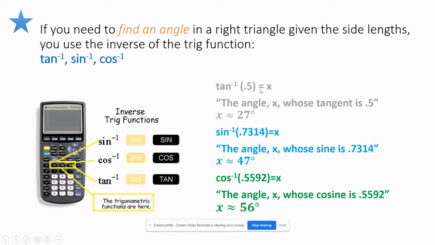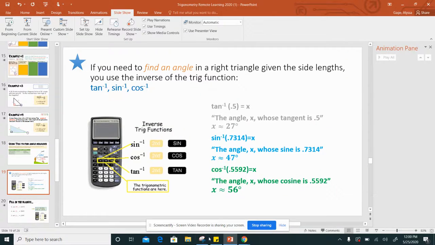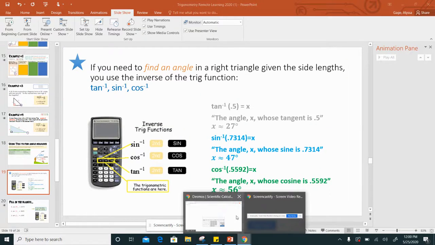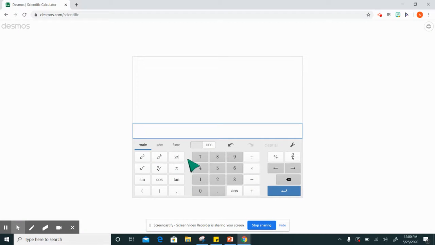So if you were trying to find what angle has a tangent value of 0.5, you would go to your calculator and you would enter in inverse tangent of 0.5. So if you were using this type of calculator, you'd have to hit second, tangent, and then 0.5. But let me show you using the Desmos scientific one how you would do it.